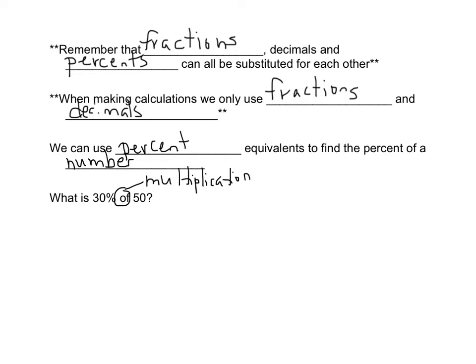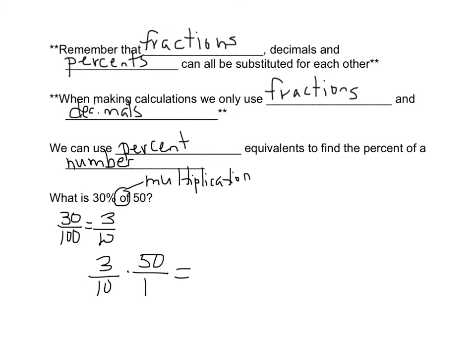So we're looking at this, 30% is the same as 30 out of 100, which is the same as 3 out of 10. What I'm going to do there is I can take 3 out of 10 times 50, and remember 50 is really 50 over 1.